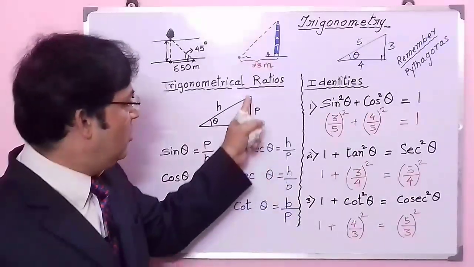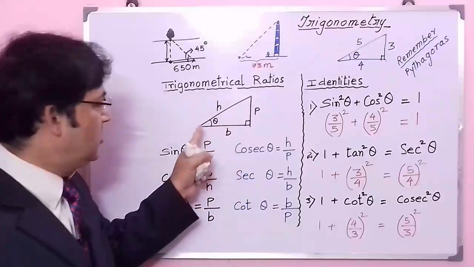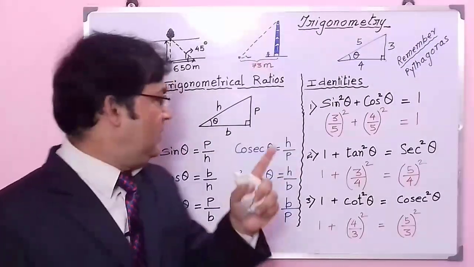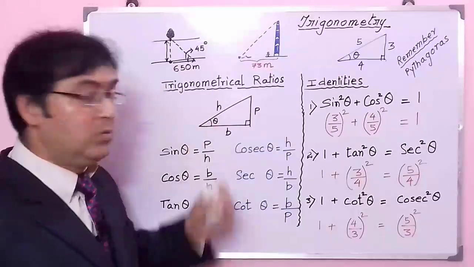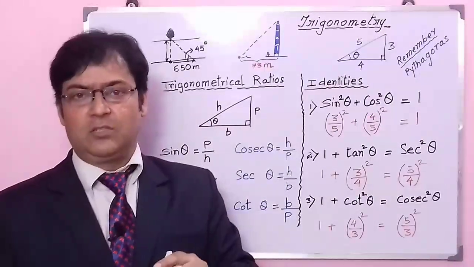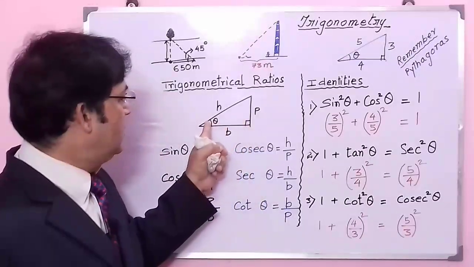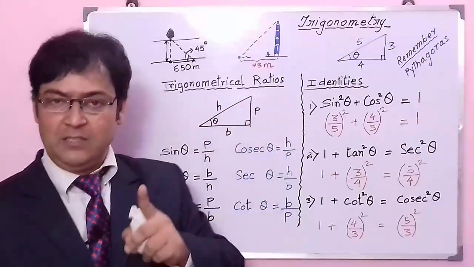One of the sides is called perpendicular, one of the sides is called base. That is in connection to the acute angles. What are acute angles? There are two acute angles, one is this one, one is this one, less than 90 degrees.